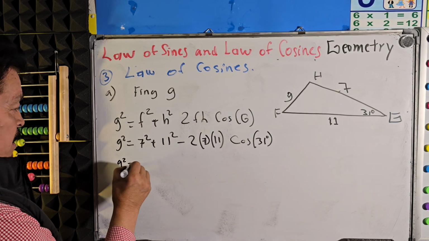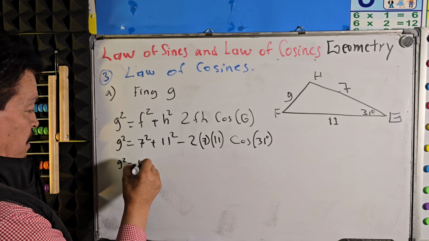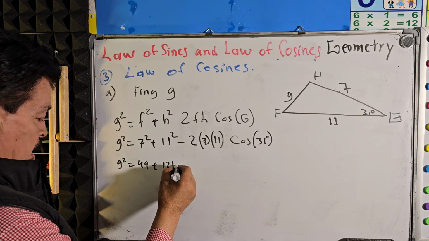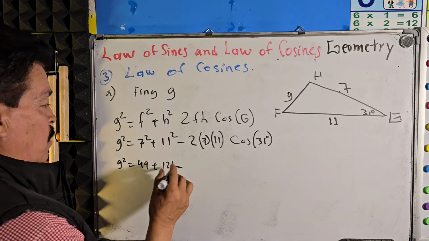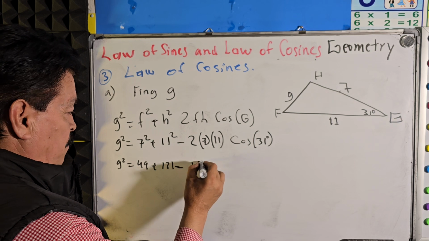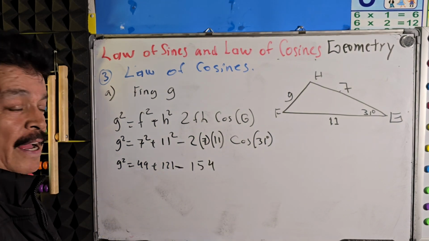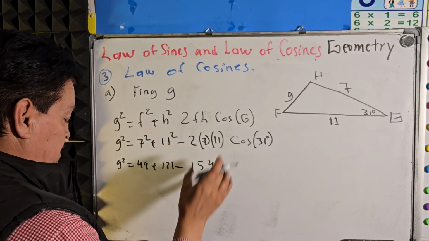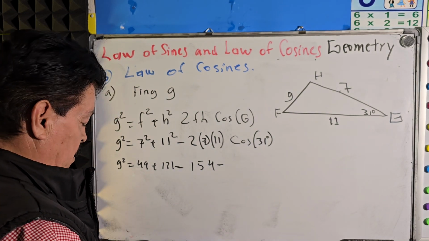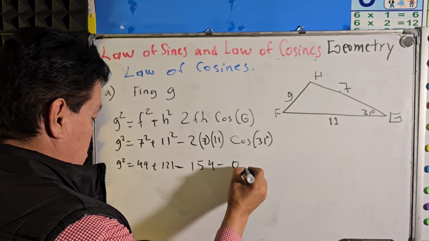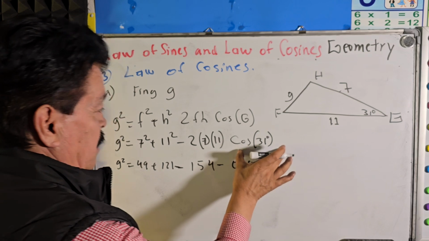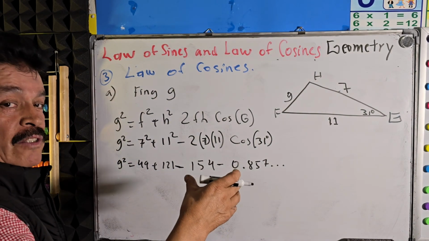now G squared is equal to 7 times 7, 49, plus 11 times 11, 121, minus here we have 154. Yeah, just multiply all this, and then cosine of 31 is equal to 0.857. This is the cosine. Check in your computer and your calculator.